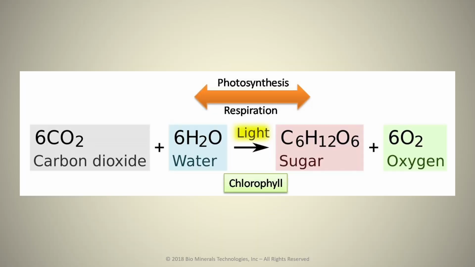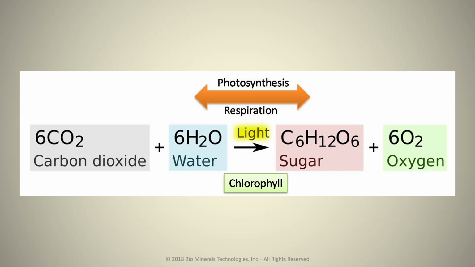Photosynthesis is the very first chemical reaction that occurs in these plants with the use of sunlight. 6 carbon dioxide and 6 water molecules, through photosynthesis respiration using photon light, now create sugars and oxygen.